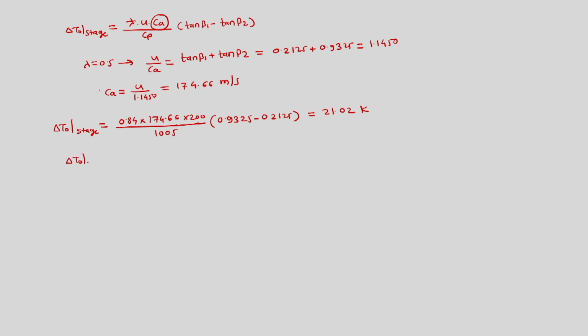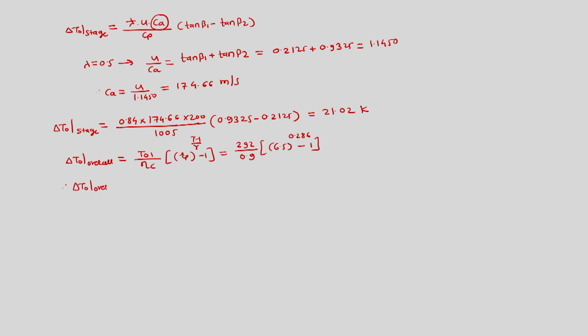We can as well find out the overall temperature rise and that is T01 upon compressor efficiency into Rp raised to gamma minus 1 upon gamma, minus 1. So 292 divided by 0.9, into 6.5 bracket raised to 0.286 minus 1.